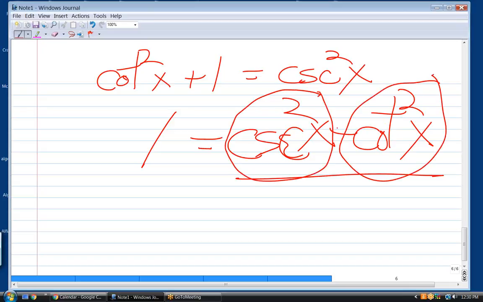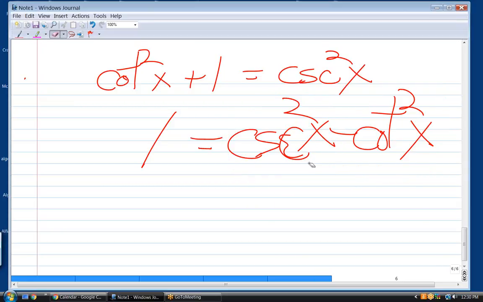The moment you see that, see if it is an alteration of that identity. In other words, that would be a good problem, actually, to give you this as cosecant squared of x minus cotangent squared of x. I never have, only because I haven't thought of it. But it's an excellent identity.